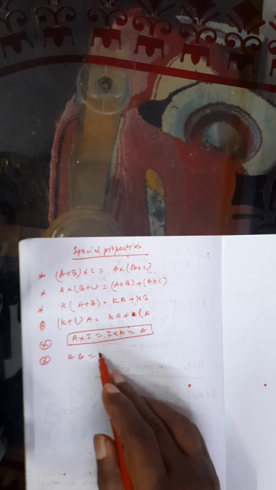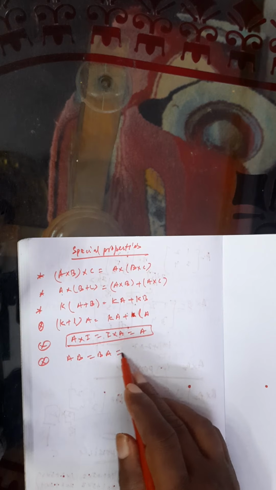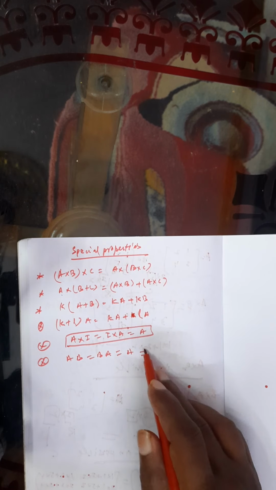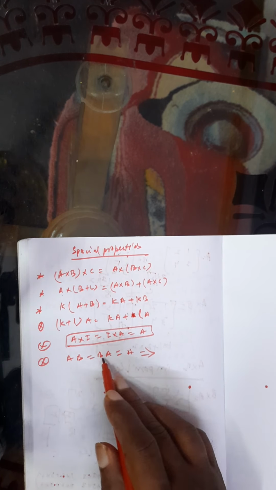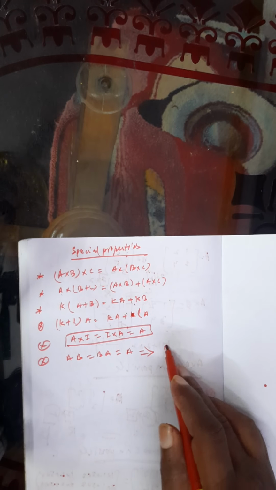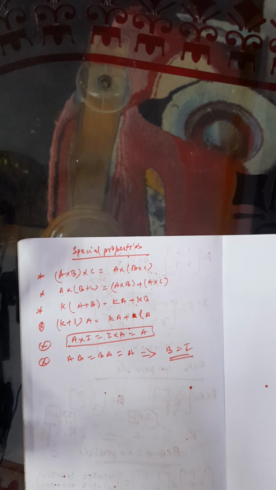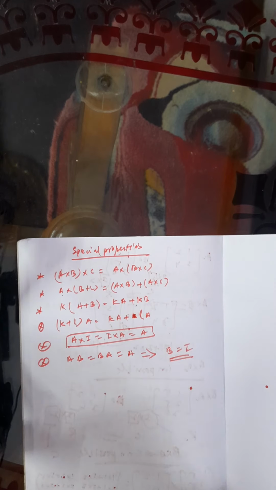A into B equals B into A if and only if A into B equals A, which implies the product AB equals BA. Anyhow you are getting A itself, which means B is nothing but an identity matrix. Okay, these are the special properties we have to remember.